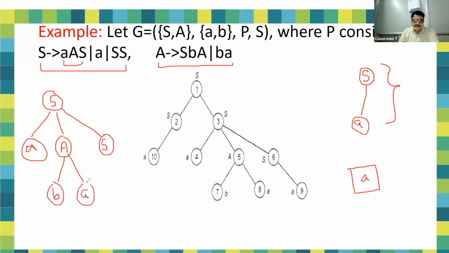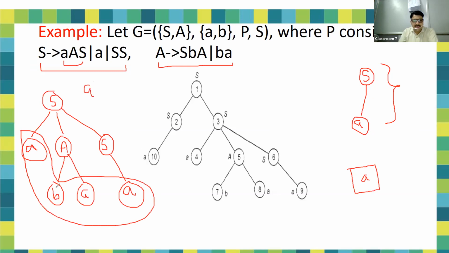And finally, the only variable is S, so in this variable we just put a terminal value, that is A. Now start with the left corner and concatenate all the terminals. This is A, this is B, this is A, and this is A. So ABAA is the string that can be derived from the parse tree, or the derivation tree, when these productions are given, right?